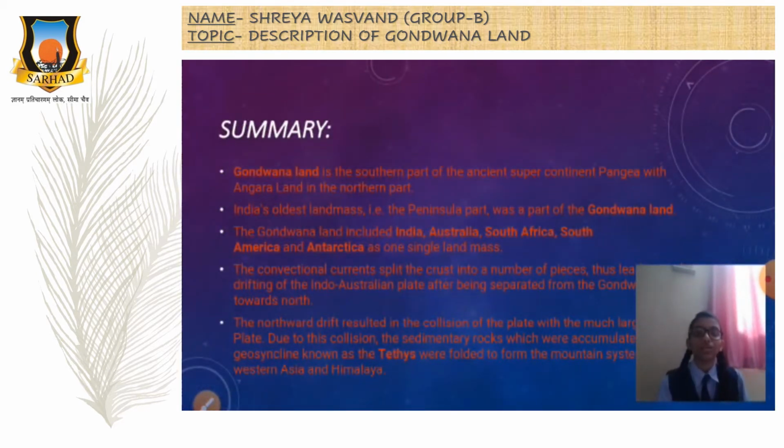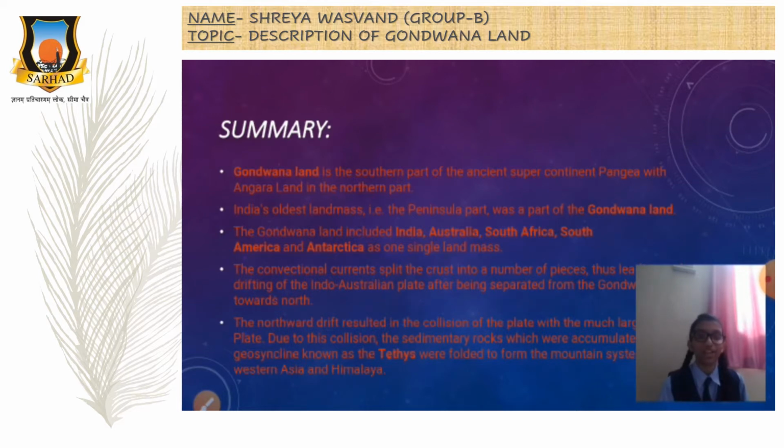Summary. Gondwana land is the southern part of the ancient supercontinent Pangaea, with Angara land in the northern part. India's oldest landmass, that is the peninsula part, was a part of the Gondwana land. The Gondwana land included India, Australia, South Africa, South America, and Antarctica as one single landmass.